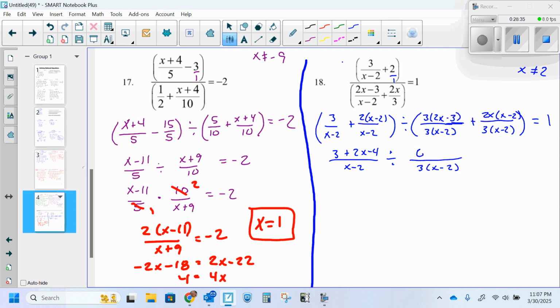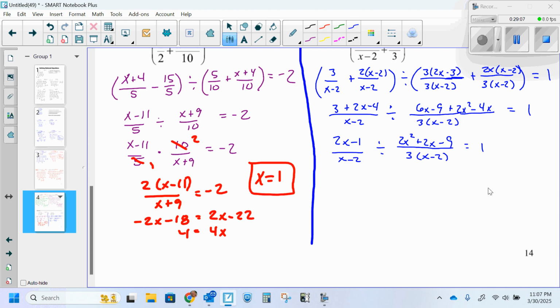So that's 6x minus 9 plus 2x squared minus 4x. That's what we got here: 2x squared plus 2x minus 9. Okay. Ooh, my hand hurts.